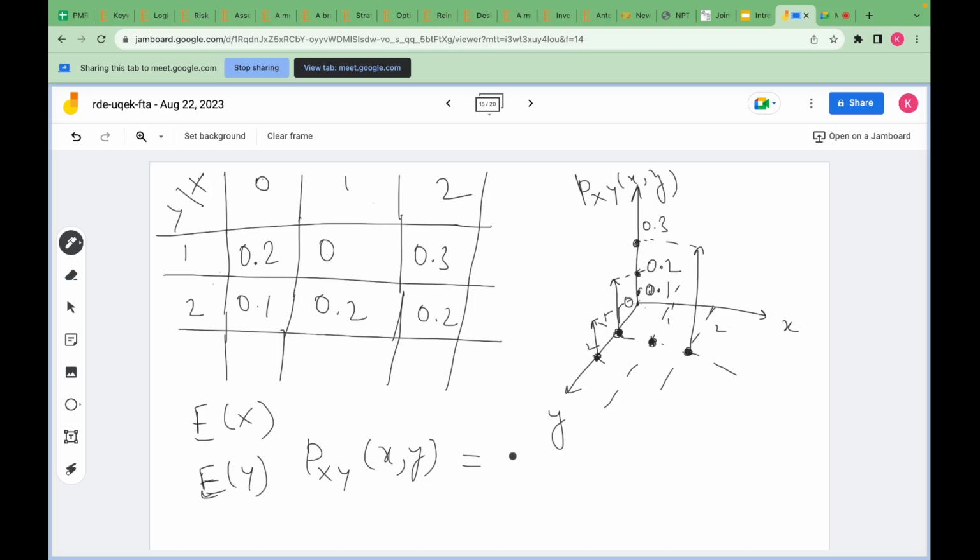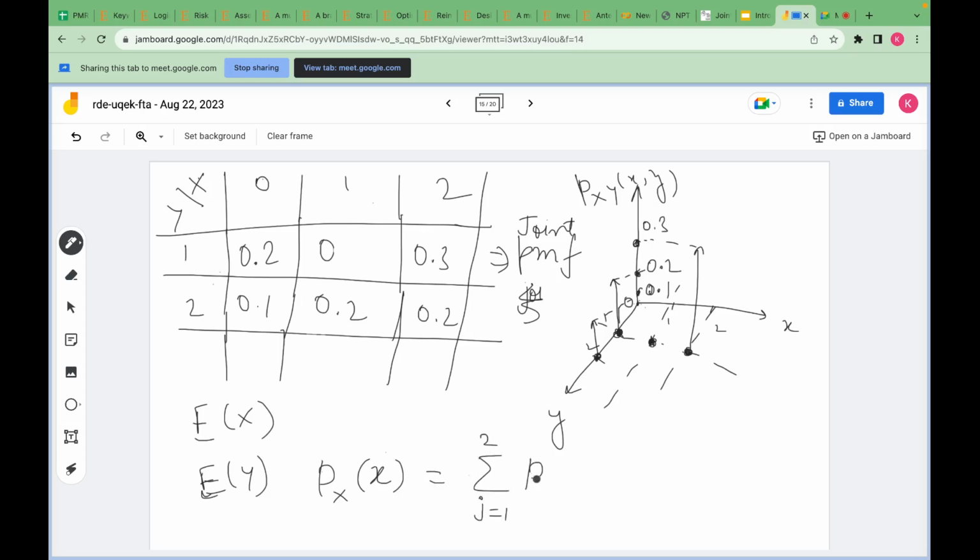We can find the single probability mass function, which will be nothing but the summation over all j from 1 to 2 of p(x_i, y_j).